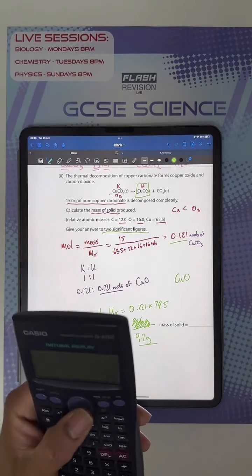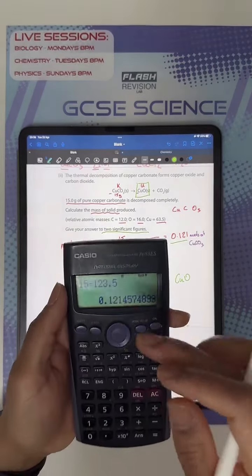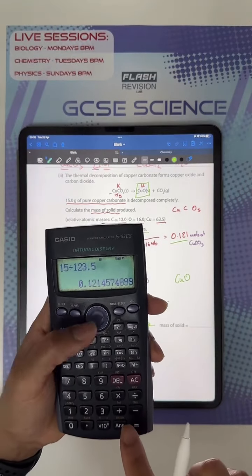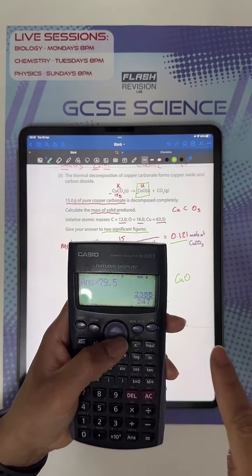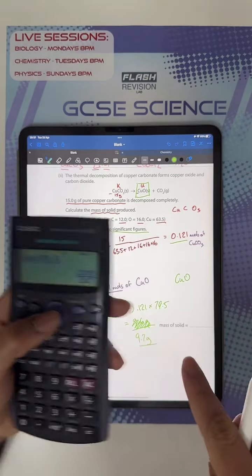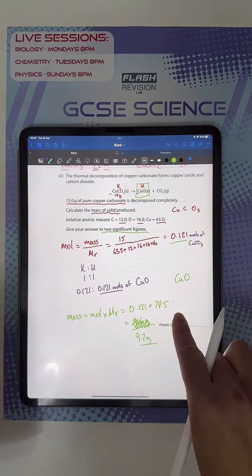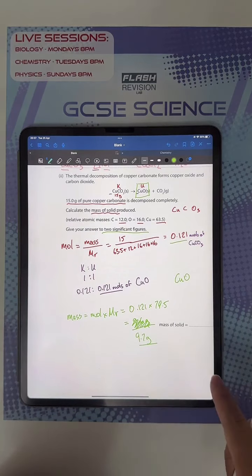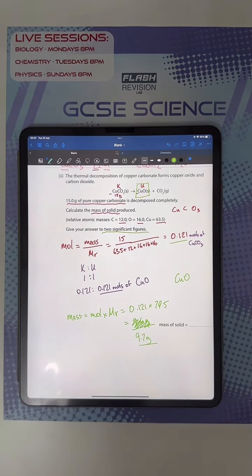Use the actual numbers that you have in your calculator. In the first step, keep this number in your calculator and do, in the next step, answer times 79.5 rather than doing 0.121 times 79.5, because if you do this, you're going to lose a bit of accuracy. That's why you got 9.6 grams. But if you do it with the actual answer, you get 9.7 grams.